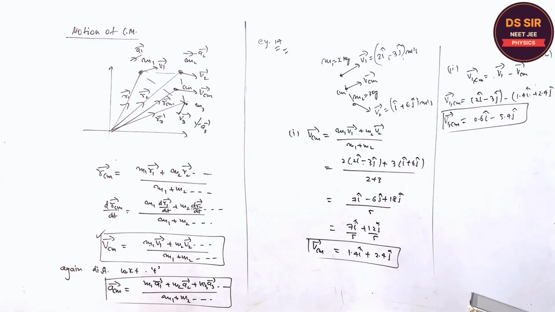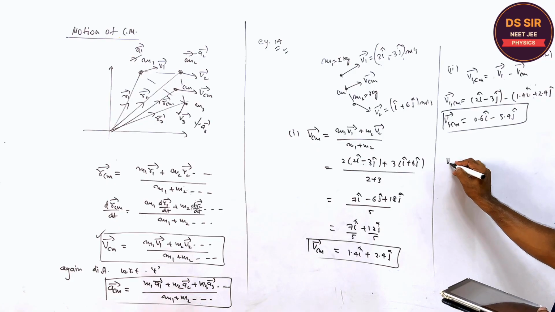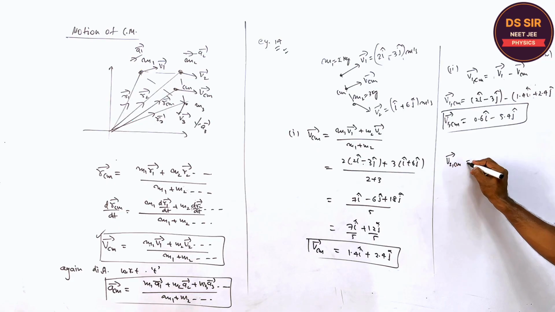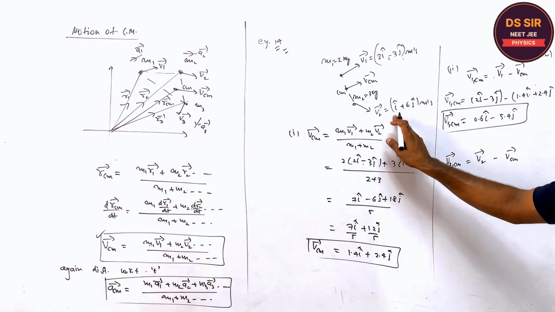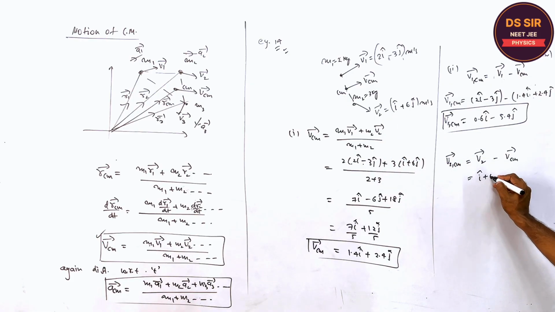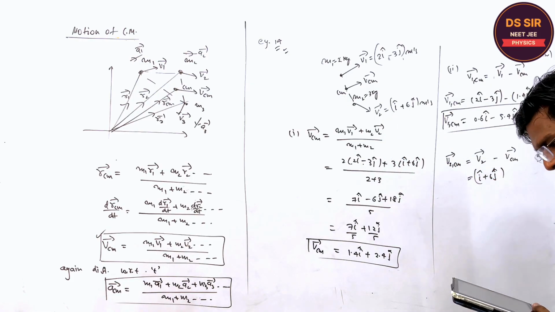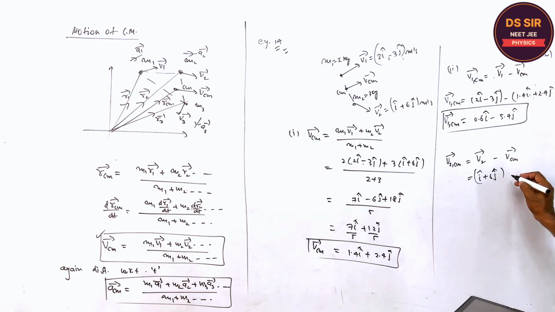Is it clear? In the same way, the velocity of particle 2 with respect to center of mass is v2 minus V_CM. This is the v2 vector, i plus 6j cap, minus V_CM, which is 1.4i cap plus 2.4j cap.